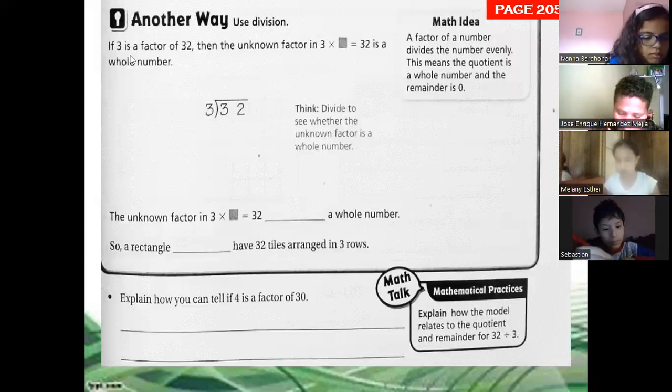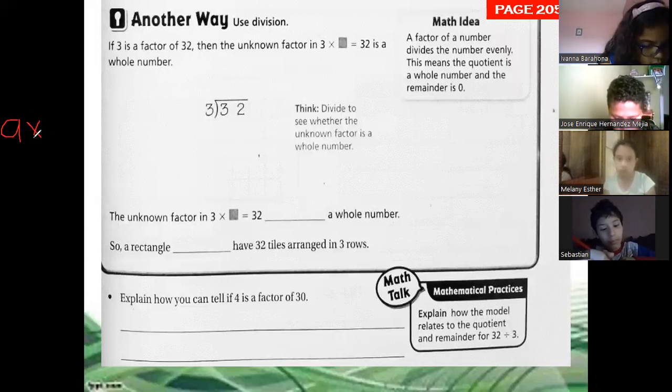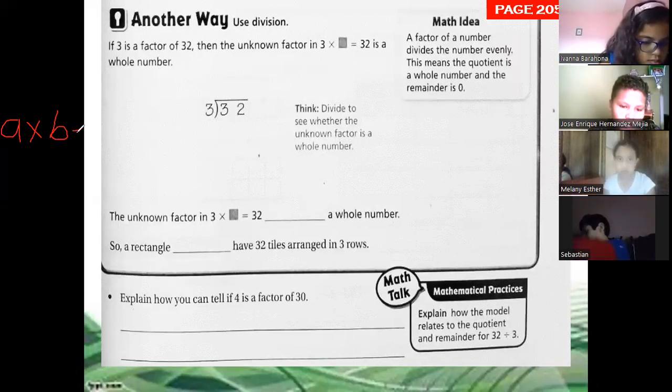If 3 is a factor of 32, oh, factor. Remember that a factor is a number multiplied by another number. A factor is a number multiplied by another that equals what? Equals a product.